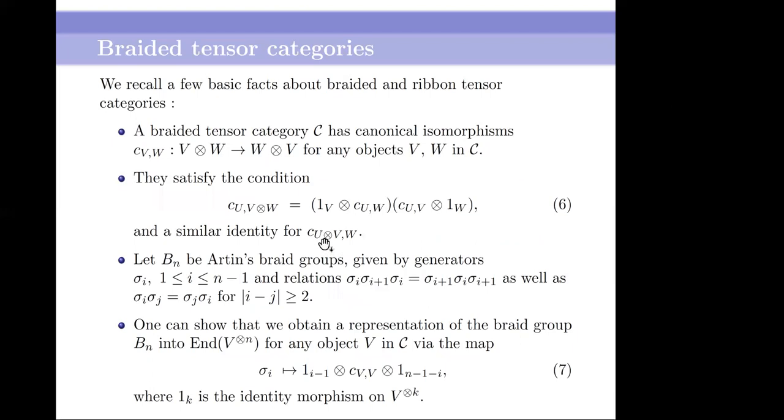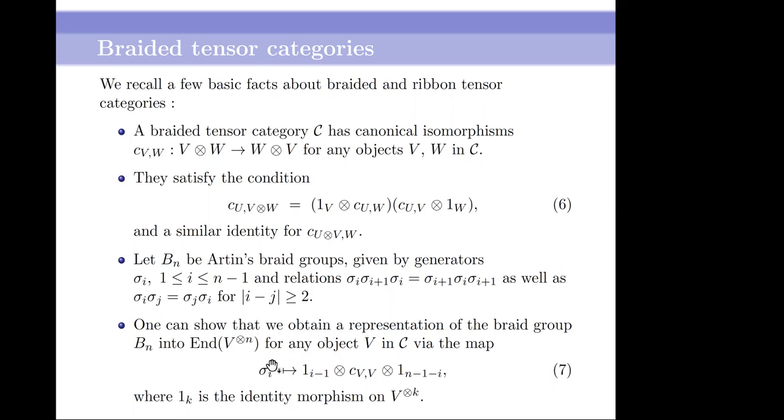A couple of things about braided and ribbon tensor categories. A braided tensor category has canonical isomorphisms. In this form, they satisfy the following conditions, and a similar one for the symmetric case. By B_n we mean Artin's braid group with generators sigma i from 1 to n minus 1 and the classic relations for Artin's braid group.